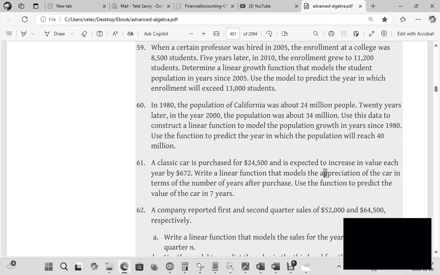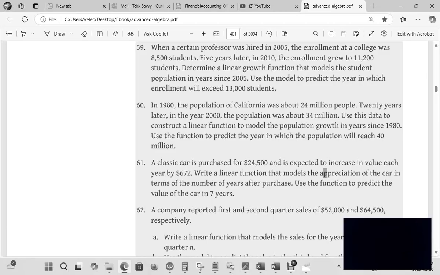So for that reason, if you want to figure out the linear function that models the appreciation of the car in terms of number of years after purchase, what we can do is use this value over here, $24,500, plus this value, 672, to write an equation.